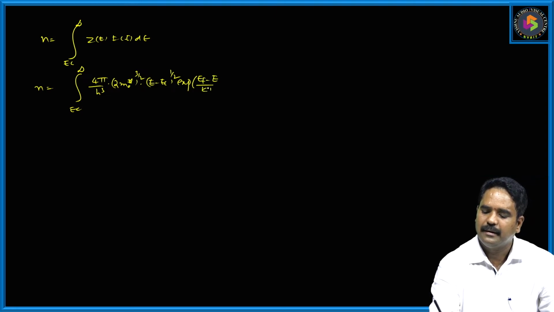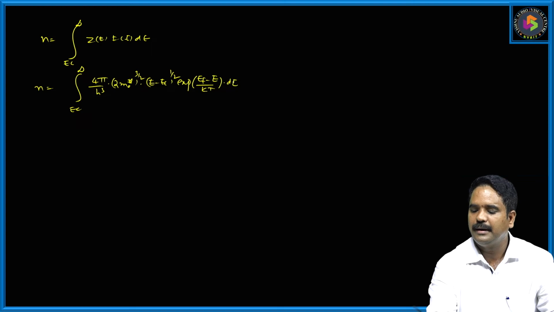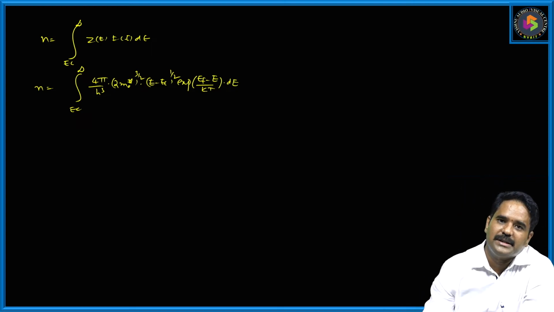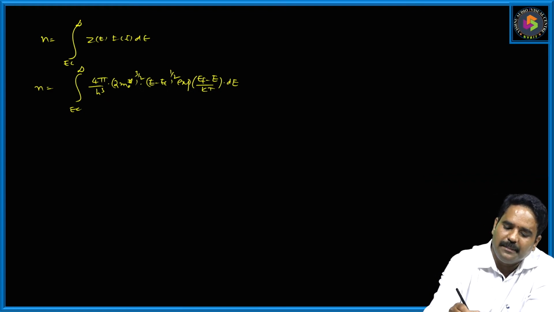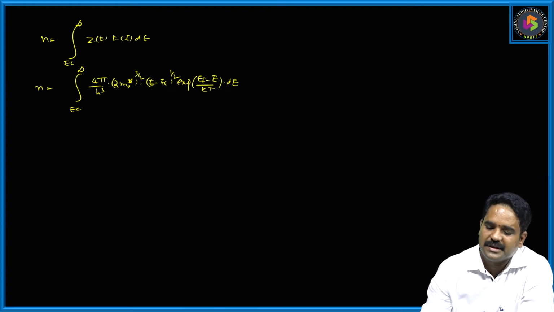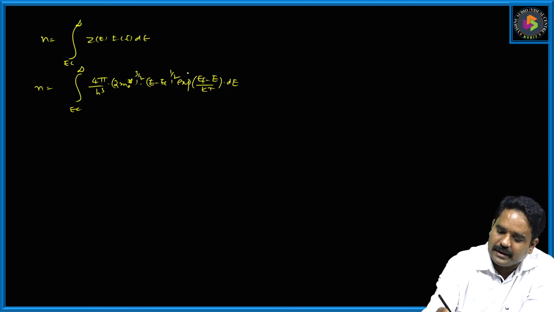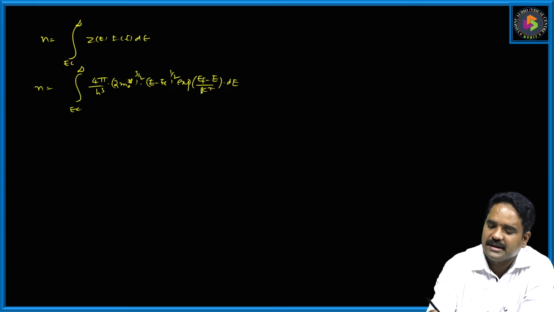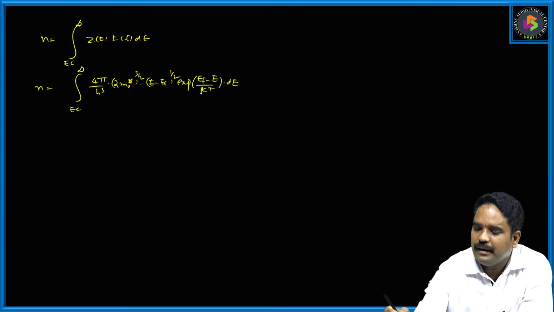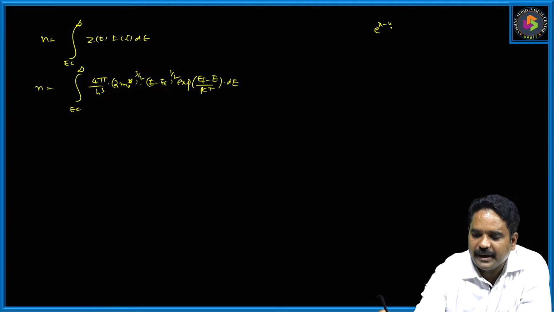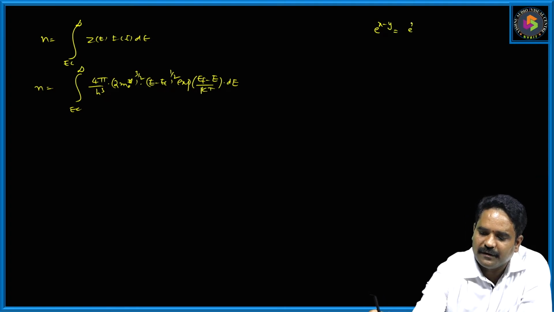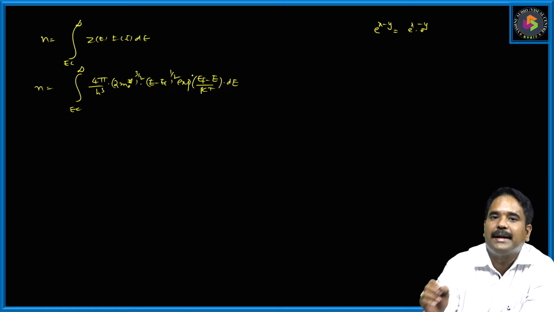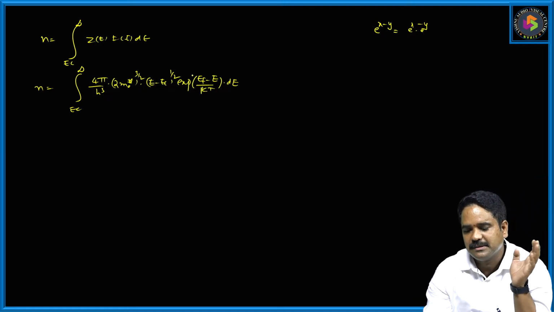Here this term 4 pi by h cube is a constant, 2 me star to the power of 3 by 2 is a constant, and in this term e power of Ef by kT is a constant, since Fermi energy is a constant for a given system, and e to the power of x minus y can be written as e to the power of x into e to the power of minus y. Means the first term can be taken out. So constant term can be taken out.